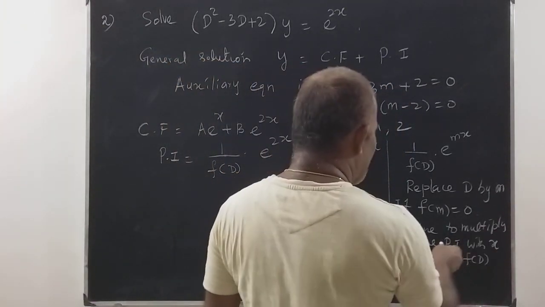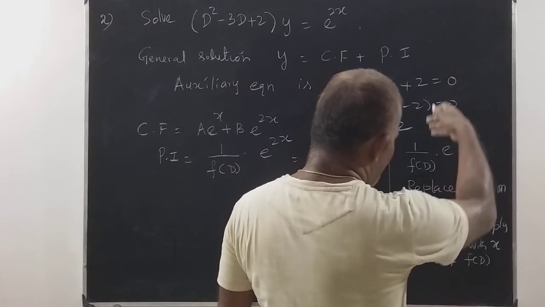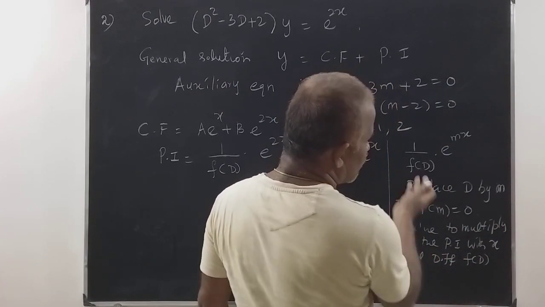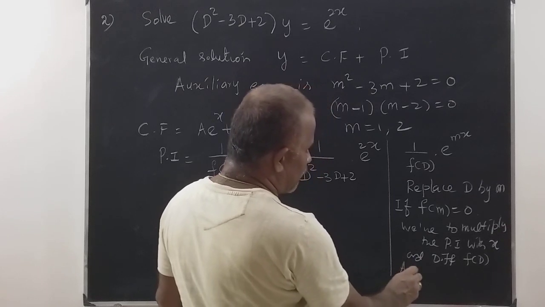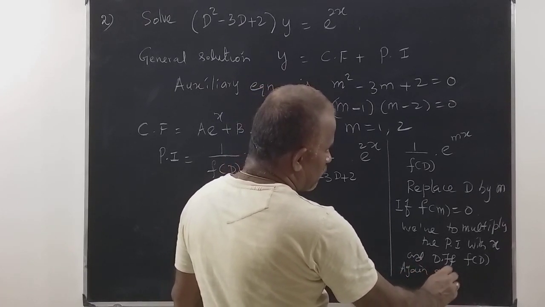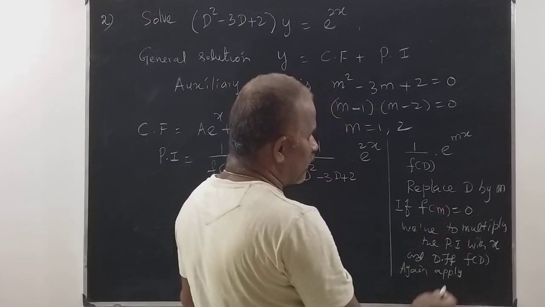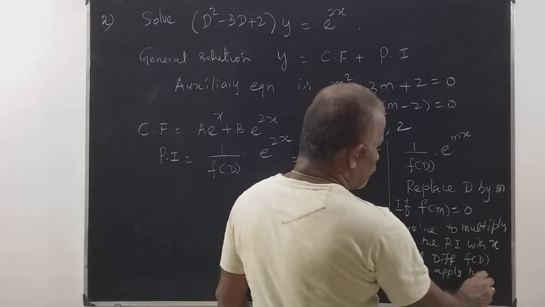We have to multiply the particular integral with x and differentiate this f of D, and again apply the rule.